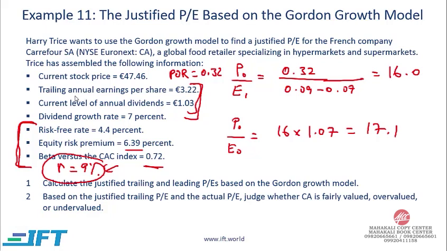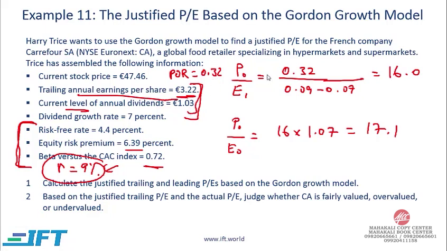To compute the payout ratio, the earnings and the dividends have to be for the same period. The trailing earnings are 3.22 and the current level of annual dividends which come from these earnings equal 1.03. The payout ratio is 0.32.